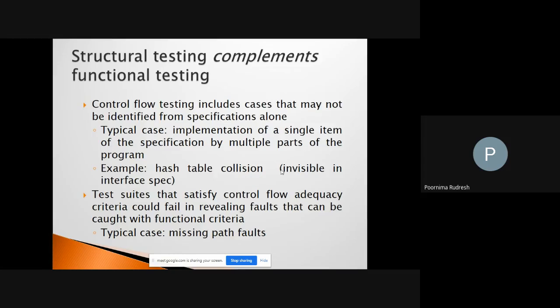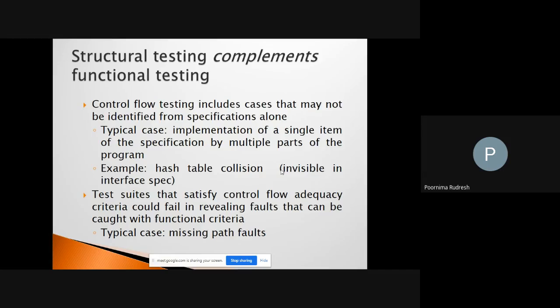The next one is that test suites that satisfy the control flow adequacy criteria could fail in revealing the faults that can be caught with functional criteria. Whenever we use the control flow strategy, we construct test suites to satisfy it. But those test cases may fail in revealing the faults that can be caught with the functional criteria, or with the help of the specifications.